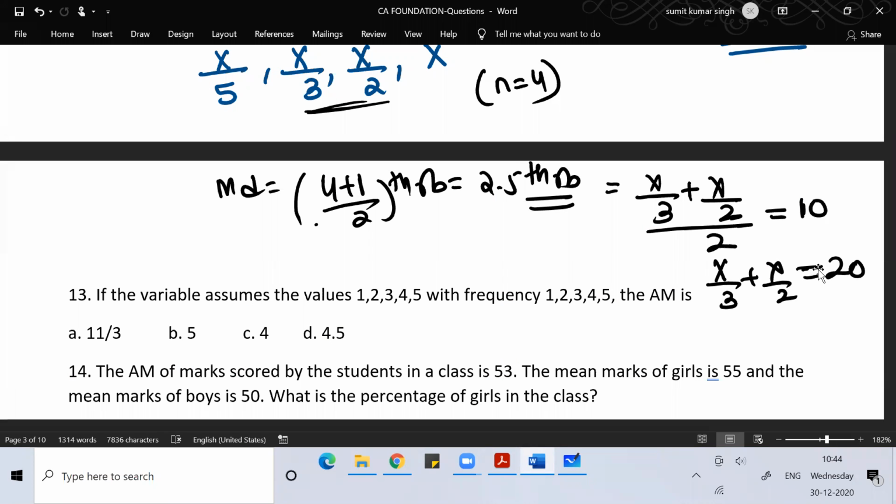Then you take LCM. You'll get 5x by 6 is equal to 20. So x is equal to 24.